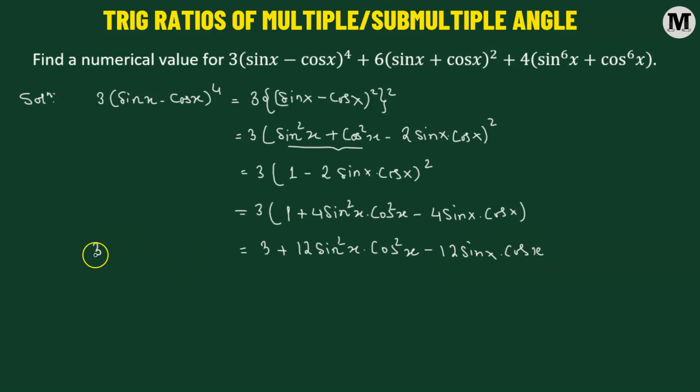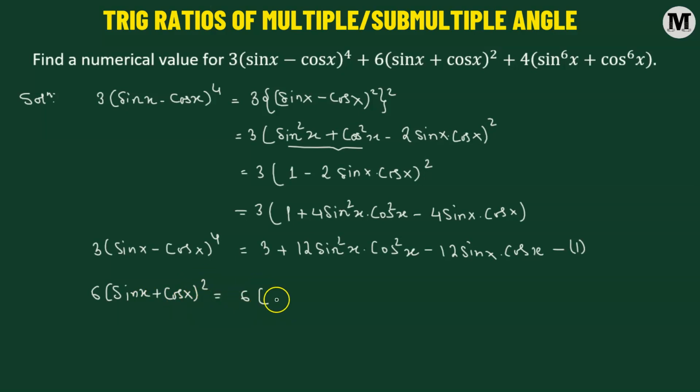So this is the expanded form of 3 times sine of x minus cosine of x whole raised to the power of 4. We're going to label this as number 1. Now we will work with the second term, 6 times sine of x plus cosine of x whole squared.